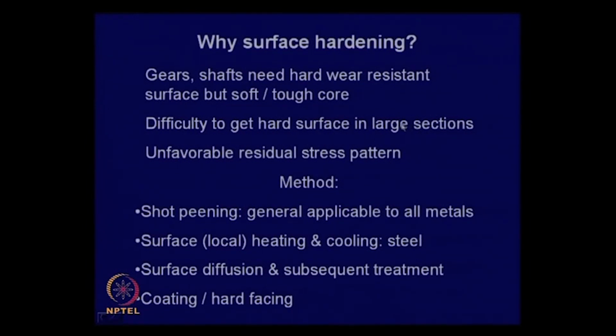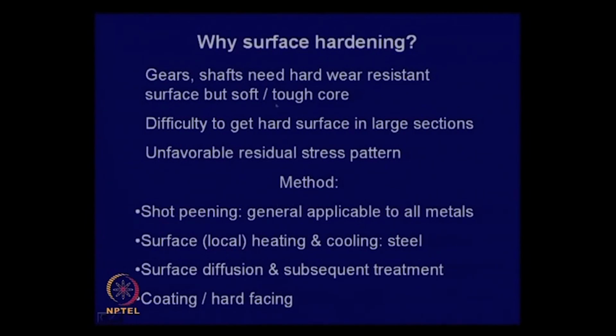Along with it there will be superimposed transformation stress, and that can result in cracking because of thermal shock as well as the transformation stresses, and you get an unfavorable residual stress pattern if you try to harden such thick components.